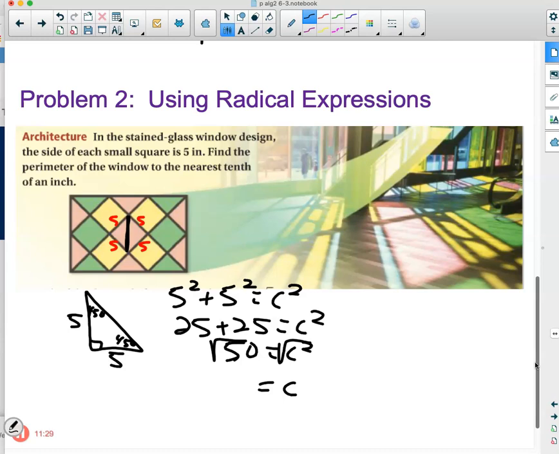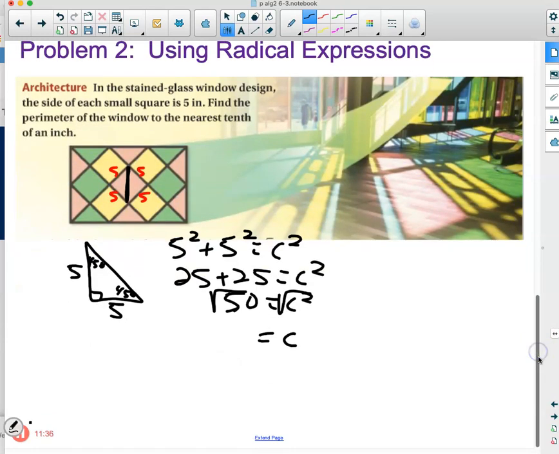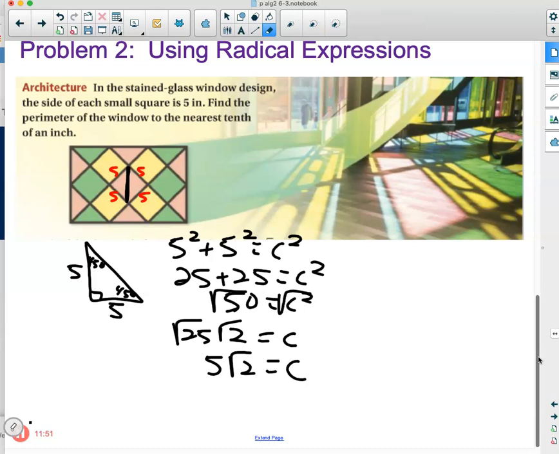If so, what would we use? 25 and 2, we sure would. Square root of 25 is 5. So the Pythagorean theorem. Now, that is absolutely the way to go if you've forgotten the relationship of a 45, 45, 90 triangle.